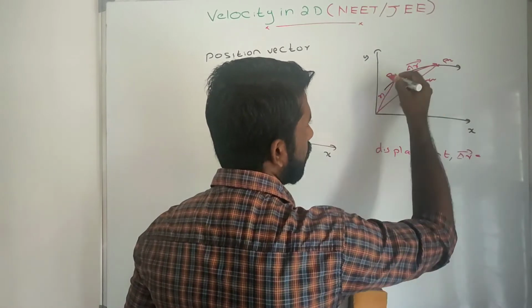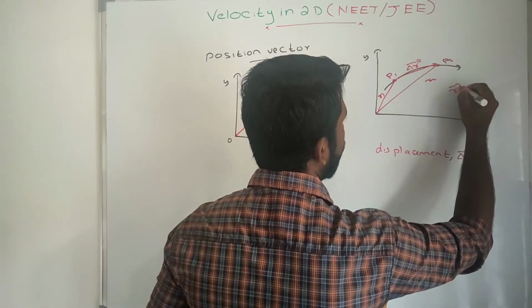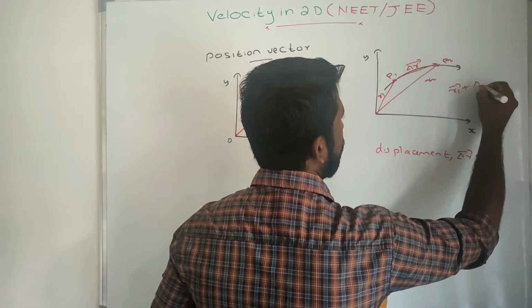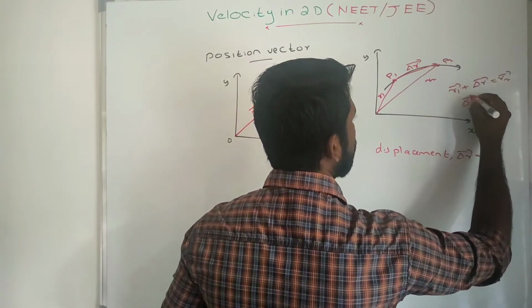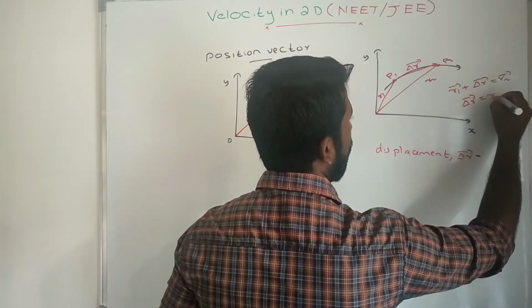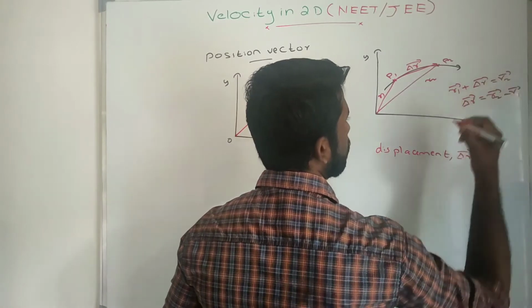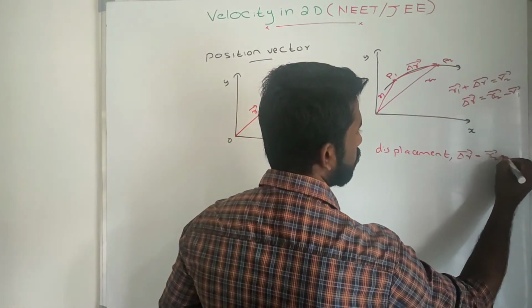From the triangular law of vector addition, I can say that R1 vector plus delta R is equal to R2 vector. From here, delta R vector is equal to R2 vector minus R1 vector.